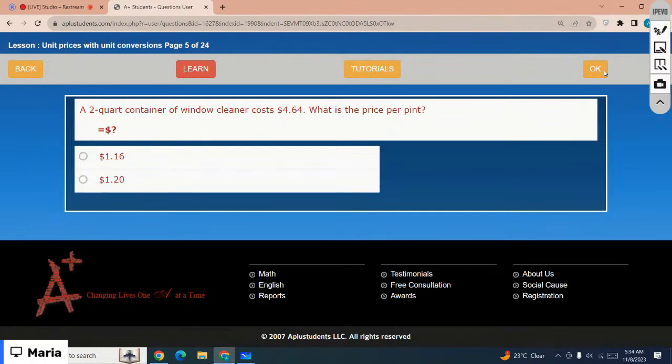So which is the correct option? The correct option is $1.16, right?